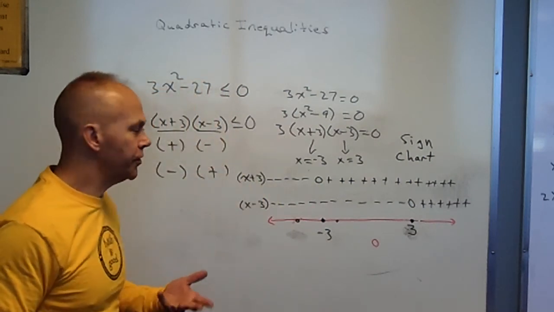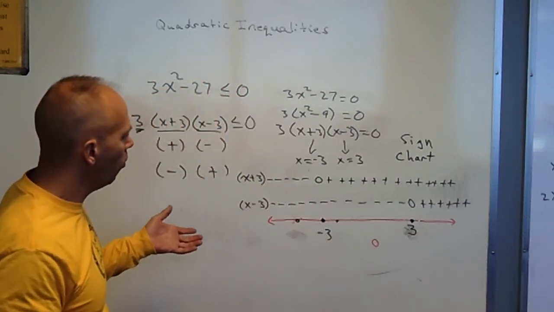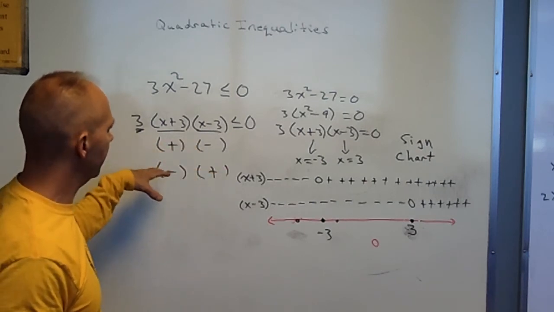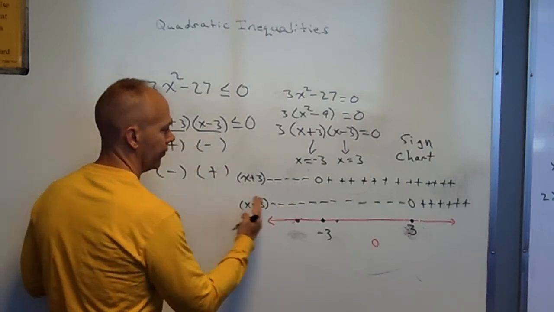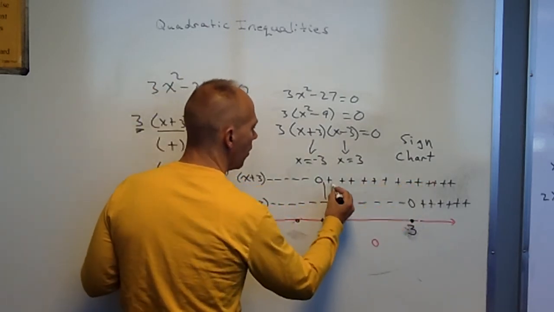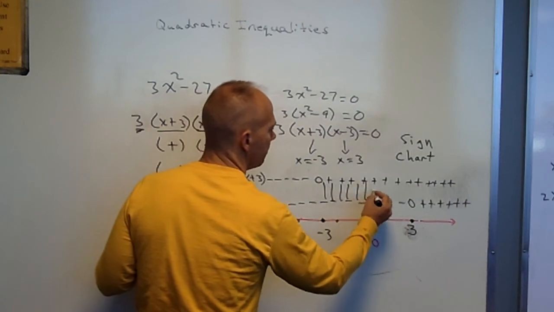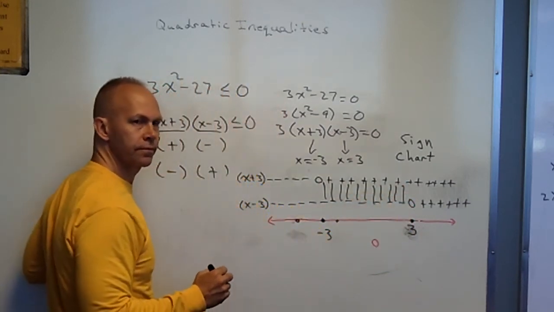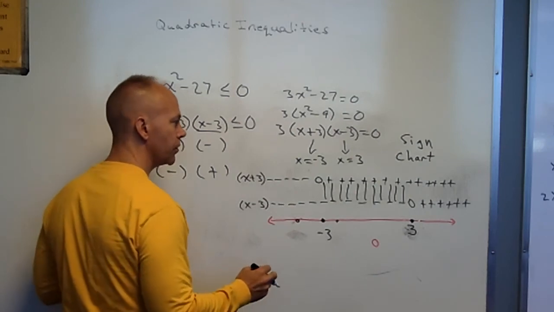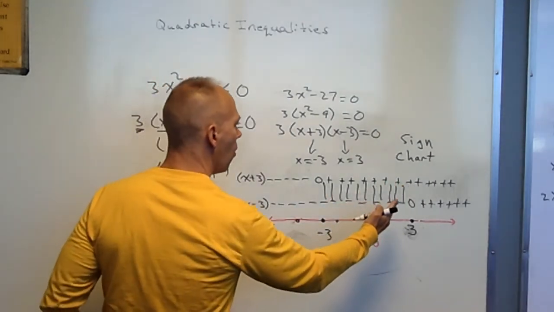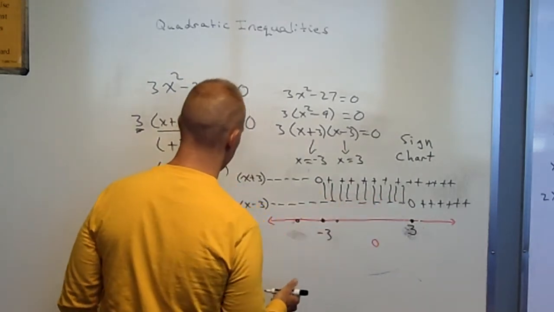Okay, so I'm interested in figuring out when will these 2 factors have opposite signs? Well, to the left of negative 3, they're both negative. To the right of 3, they're both positive. Where do they have the same sign? Right in here. Where do they have opposite signs? Right in here. So my solution set, instead of getting 2 separate solution sets, I get all numbers between negative 3 and 3.